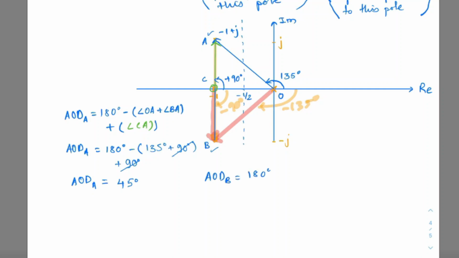So 180 degrees minus angle of OB plus angle from A to B, and plus we'll have C to B. So let's write all our angles in positive terms, or we can just write it this way.